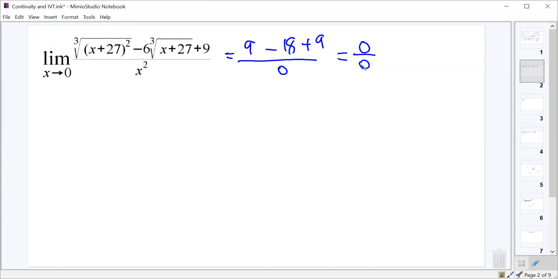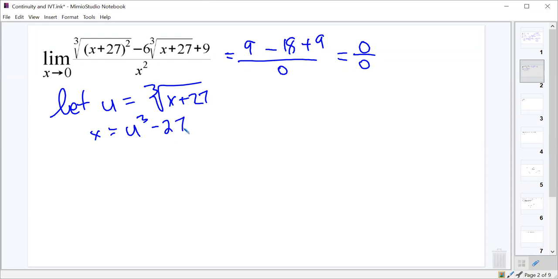So then what? What's causing the issue here? The cube roots. So let's get rid of the cube roots. Let's let u equal cube root of x plus 27, which tells us that x is equal to u cubed minus 27.